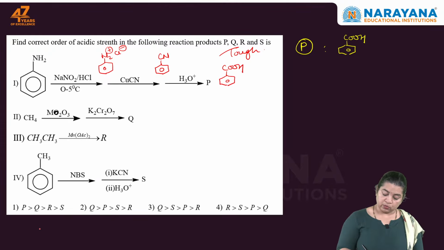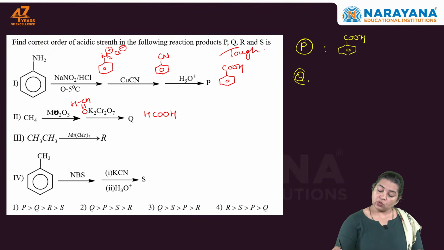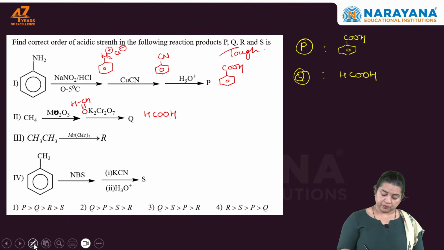Okay, let's move to the next part. Methane with MoO3 forms formaldehyde, and then with K2Cr2O7, it is formic acid, and thus Q is formic acid.